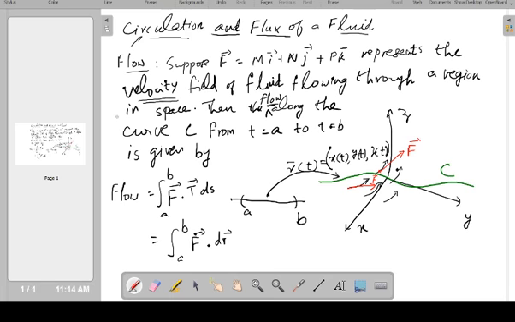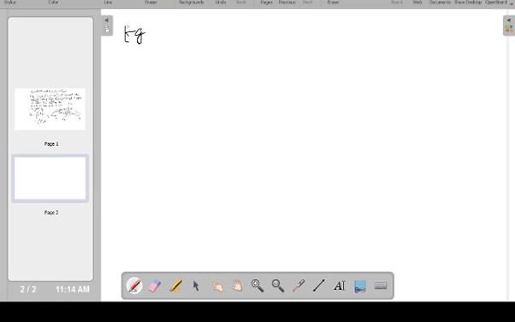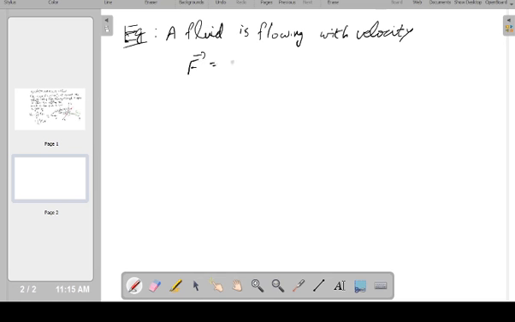Now we will do an example. A fluid is flowing with the velocity capital F equal to x i plus y j plus z k.